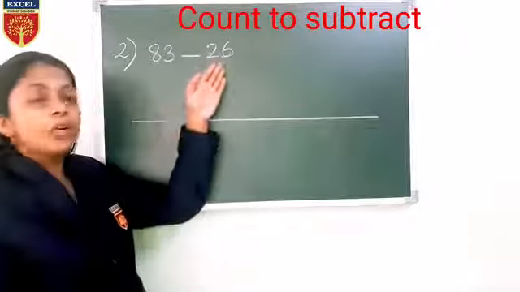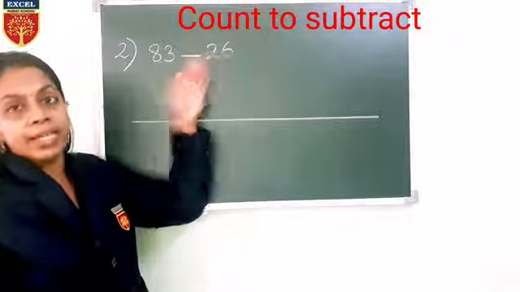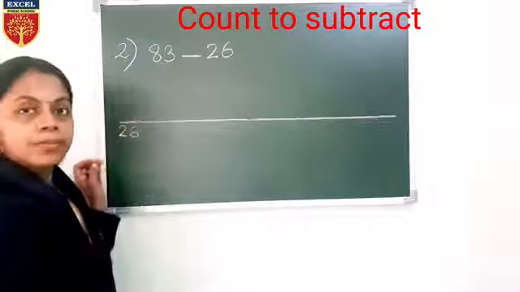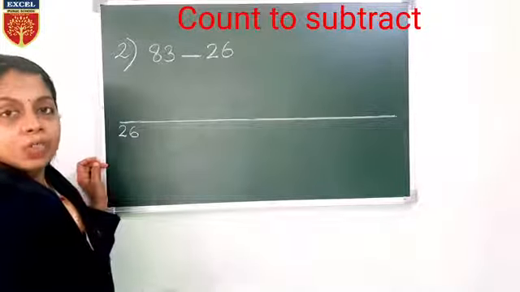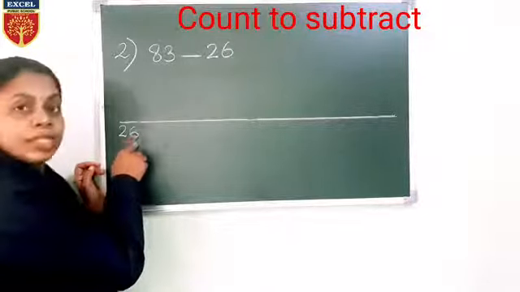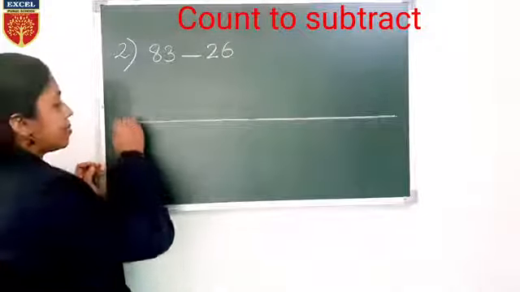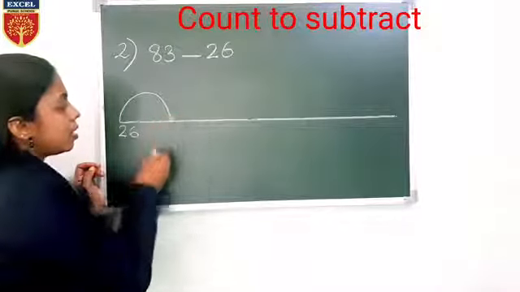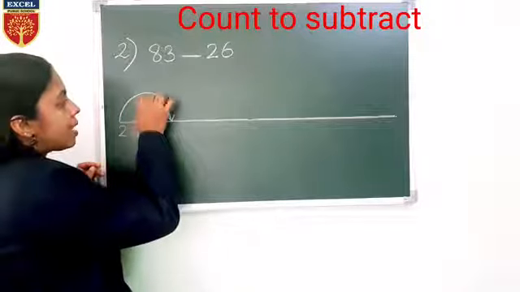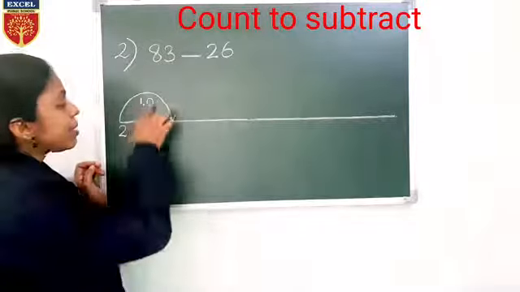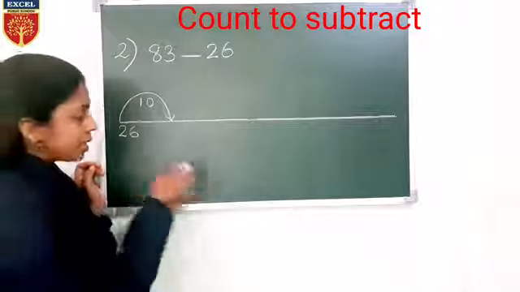Now start counting from this 26. Write 26 first. Then count in jumps of 10. Means add 10 to this 26. So in one jump, when you add 10 to this 26, you will reach 26 plus 10, 36.